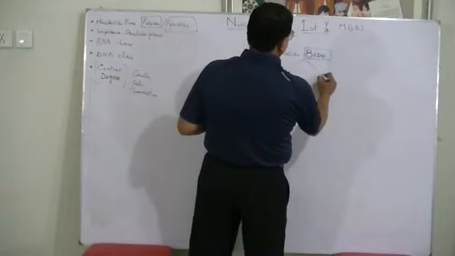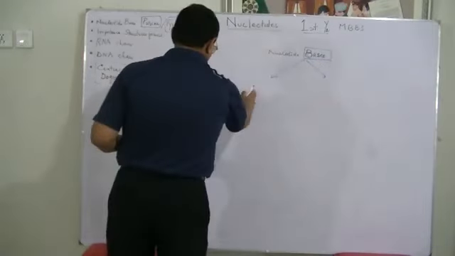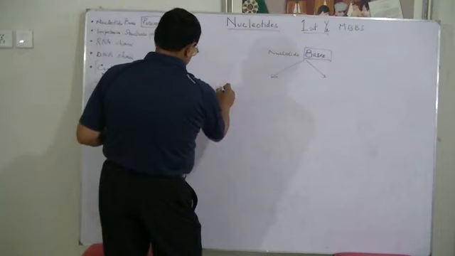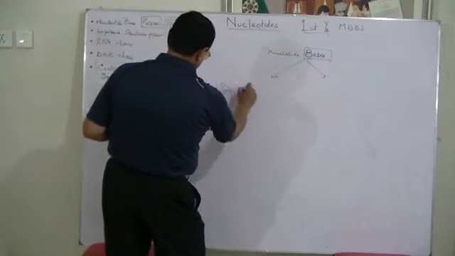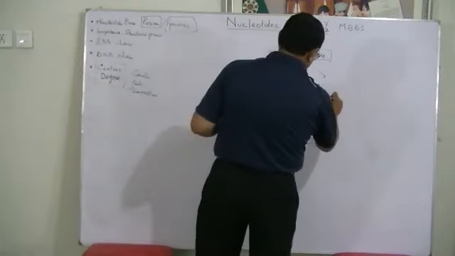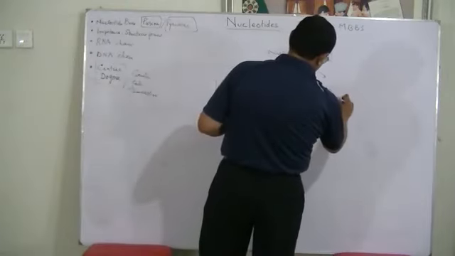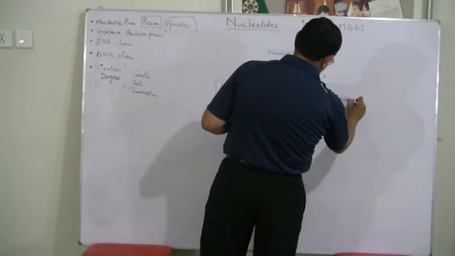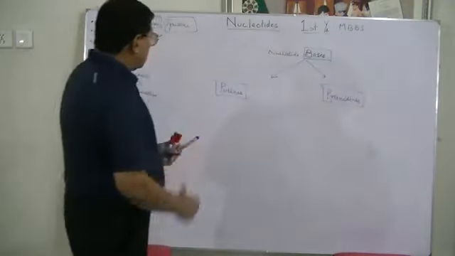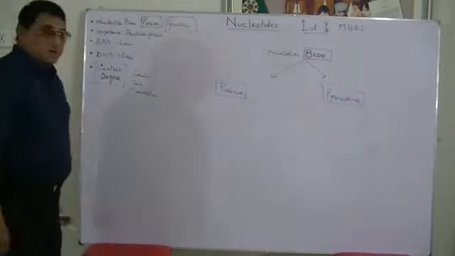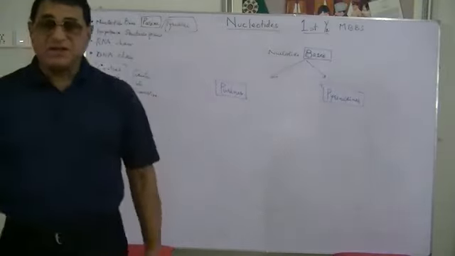There are two types, purines and pyrimidines. The nucleotide bases are of two types, purines and pyrimidines.